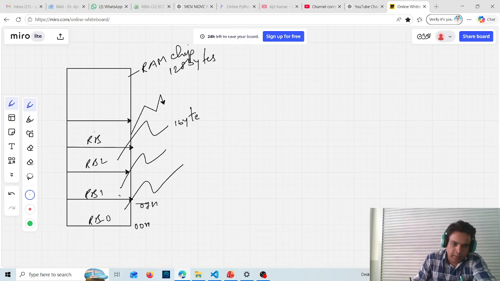Then the starting address for register bank 1 is 08H. So 8 plus 8 is 16, but it will not go to 16, it will go up to 15, which is 0FH, and so on.